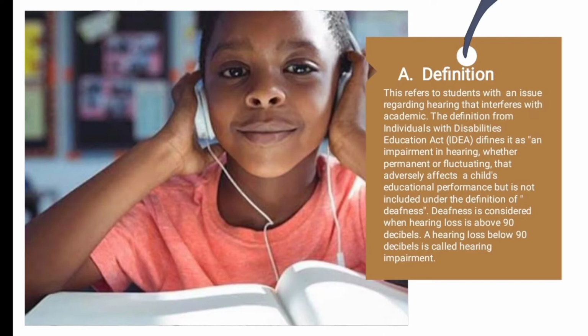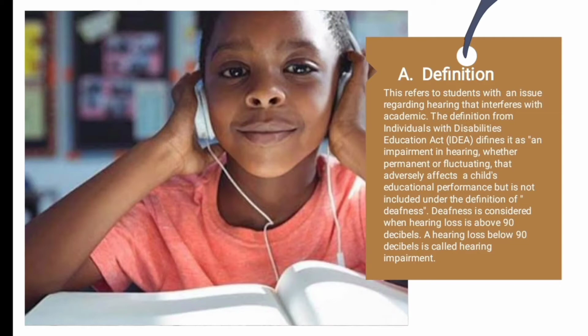Matawag ni siya na hearing impairment, pero dili ni layo ra ni siya sa deafness kay i-consider nila ang deafness if ang hearing loss is above 90 decibels. If not, or below 90 decibels, they call it hearing impairment.